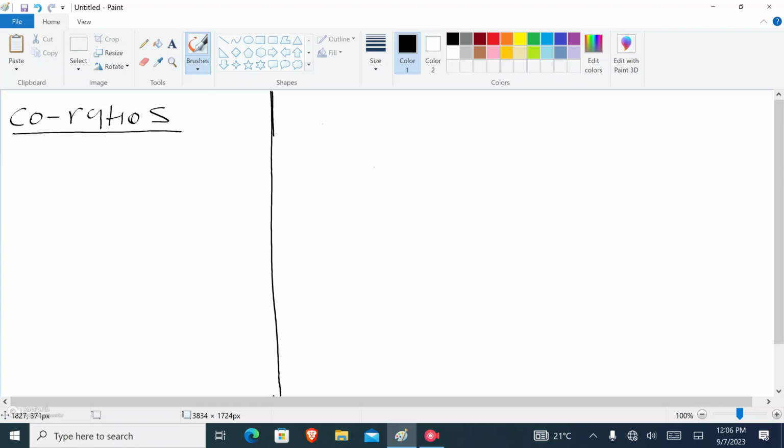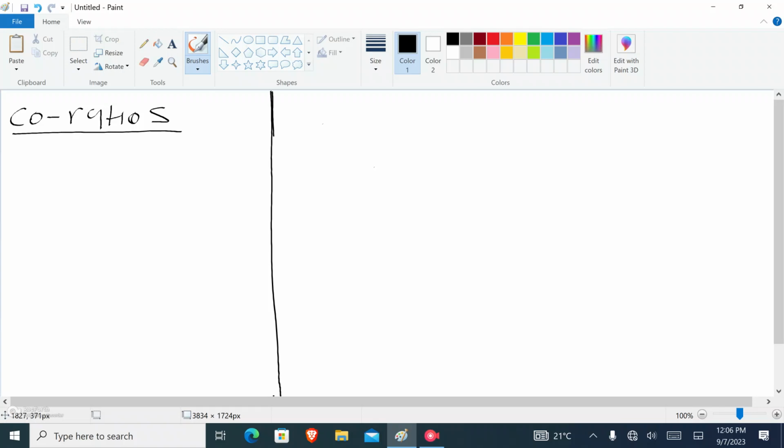Now we all know that on a trigonometric chapter, we have trigonometric functions. I will mention some of them. We have sine, cos, tan. We also have sec, cosec, and cot. Those trigonometric functions, some are actually co-ratios of other trigonometric functions.